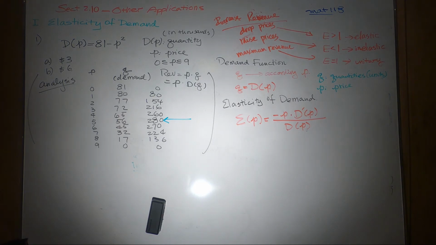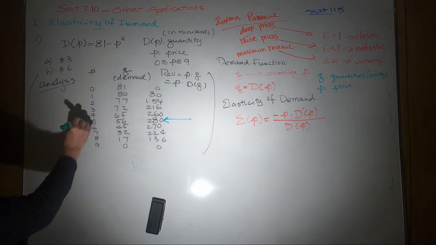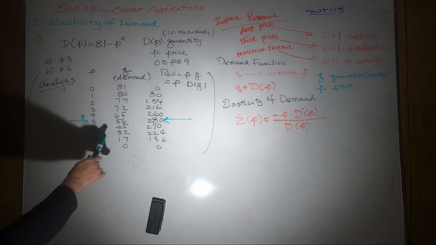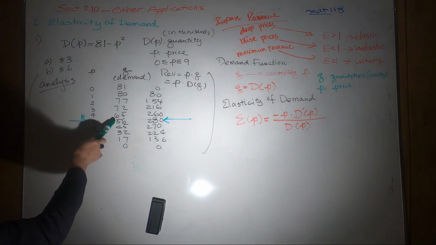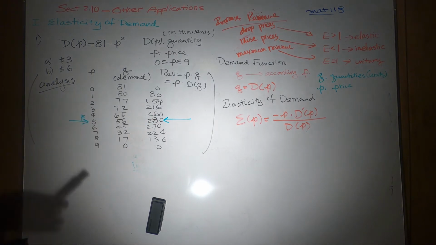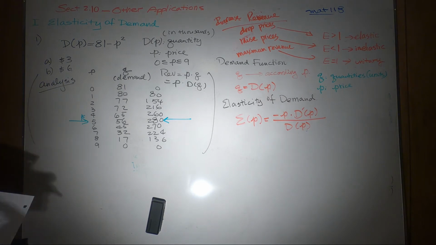Then what do you think? Of course, you will sell at $5 per ticket. Then you will have the maximum revenue at this point, right?